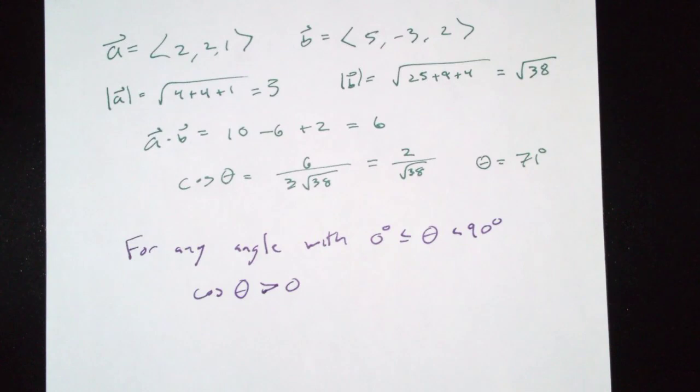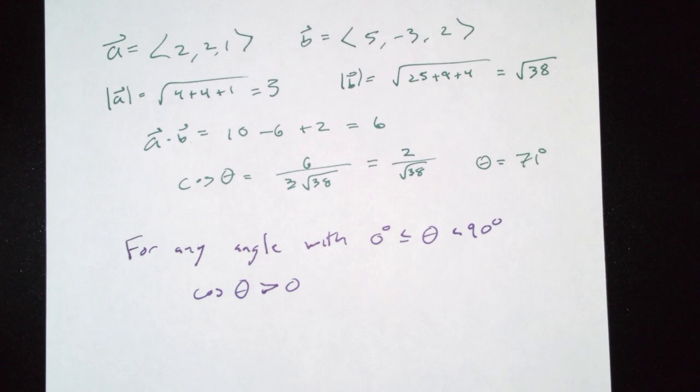Why is that true? Because all of those angles are in the first quadrant. Cosine is positive in the first quadrant.